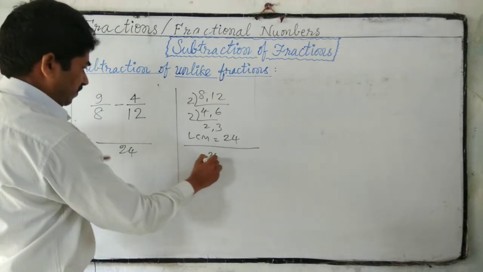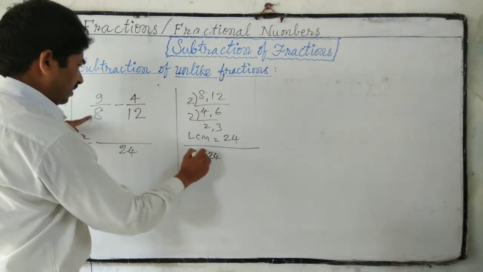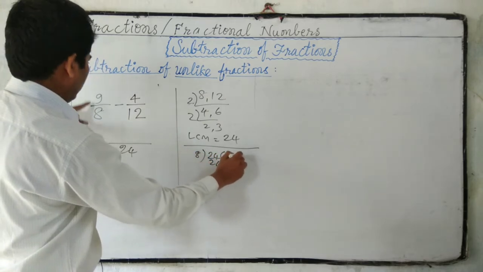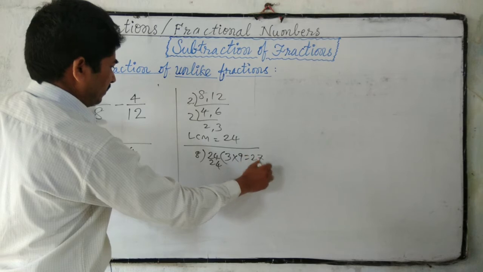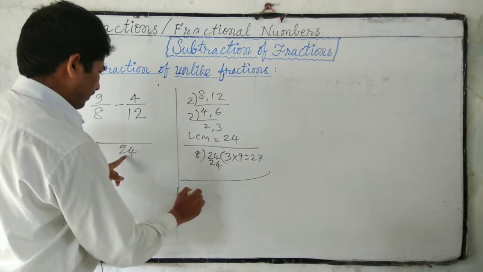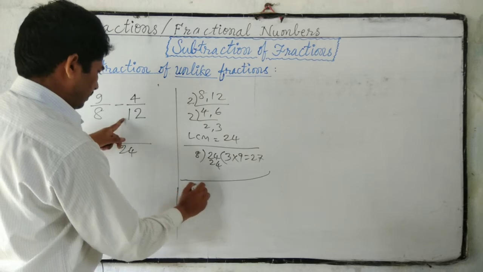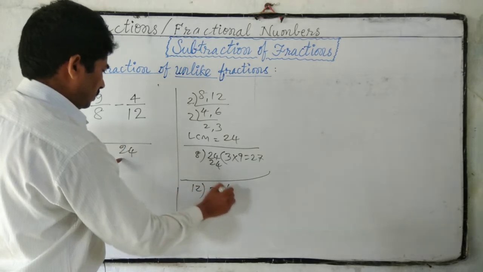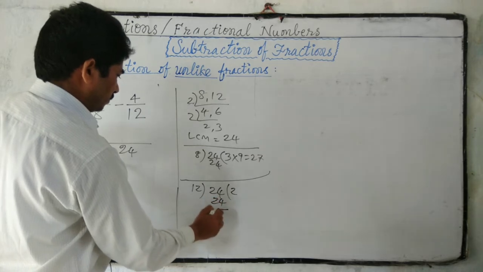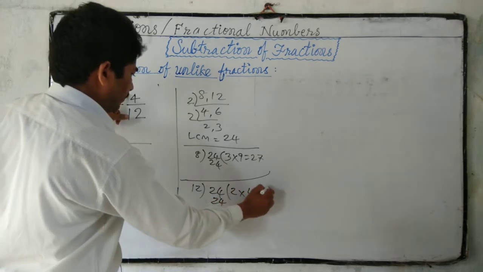Divide this 24 by the denominator of the first fraction: 8 threes are 24, 3 nines are 27. Next, divide this 24 by 12: 12 twos are 24, 2 fours are 8.